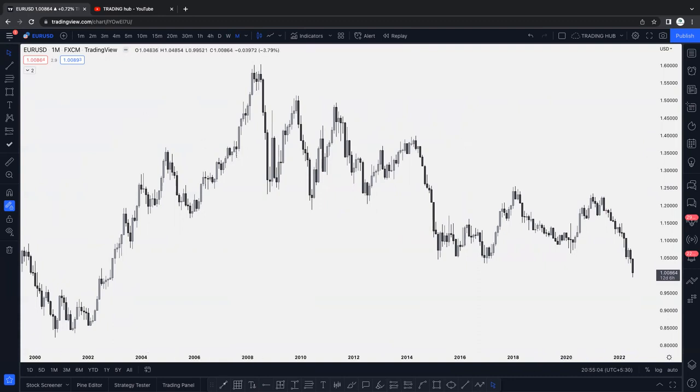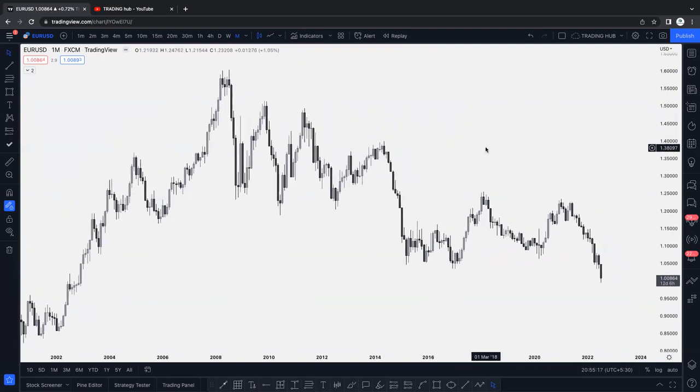But I will explain why and how Euro USD keeps dropping downside, and where the next stop in Euro USD is.